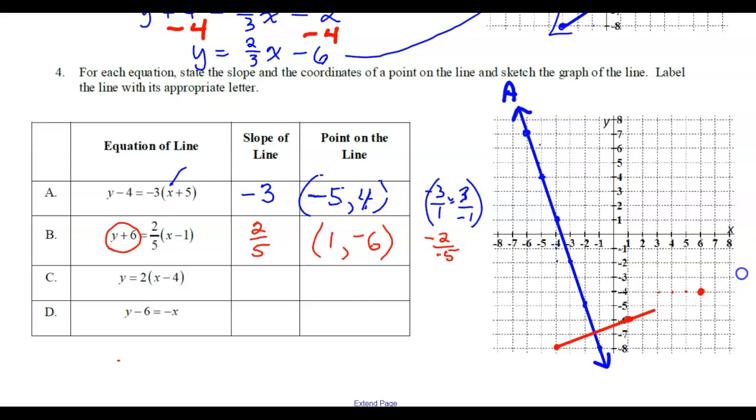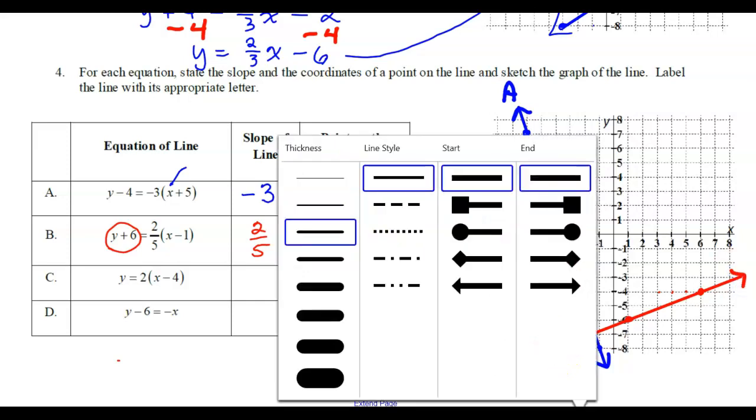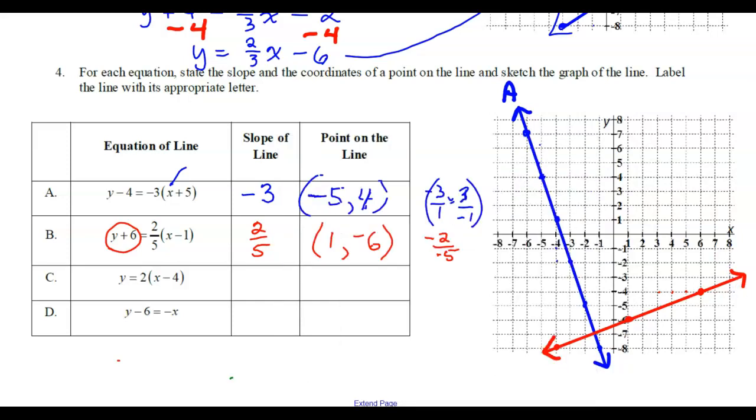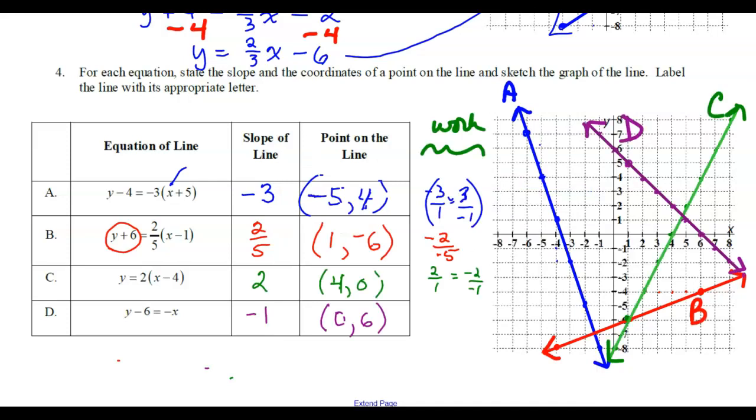Okay, and you work on the last 2. Okay, so those are the equations of the lines.